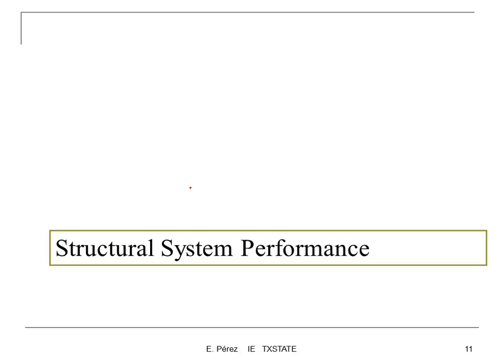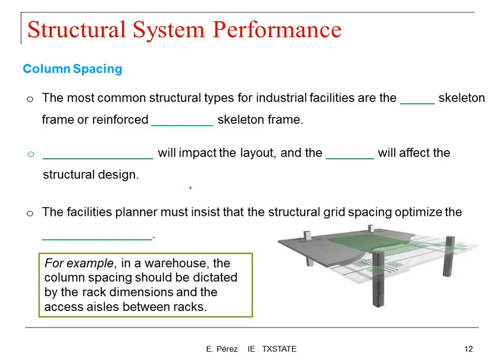So let's talk about the structural system performance, and specifically column spacing. One more time, when you design a facility, you want to know where the columns are placed, because once they are placed, you're not going to have any opportunity to change the location of those structures in the future.